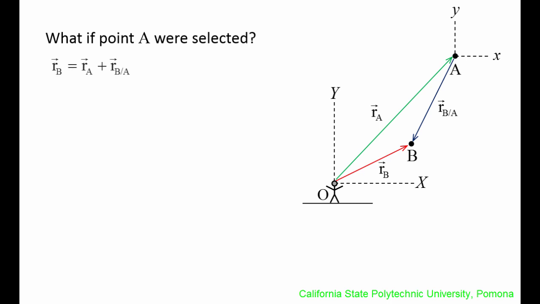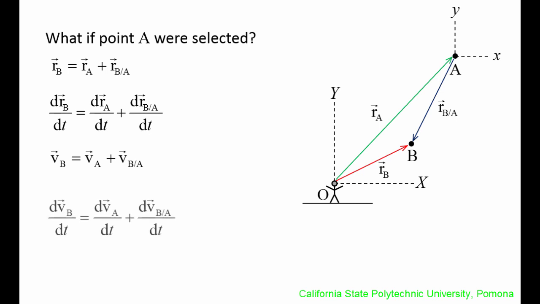Using vector addition, we have RB equals RA plus RBA. Differentiating the equation with respect to time, we obtain the equation for the relative velocity, VB equals VA plus VBA. VB and VA are the velocities of the two particles as observed from the fixed reference frame at point O, while VBA is the velocity of particle B as observed from the moving reference frame located at particle A.